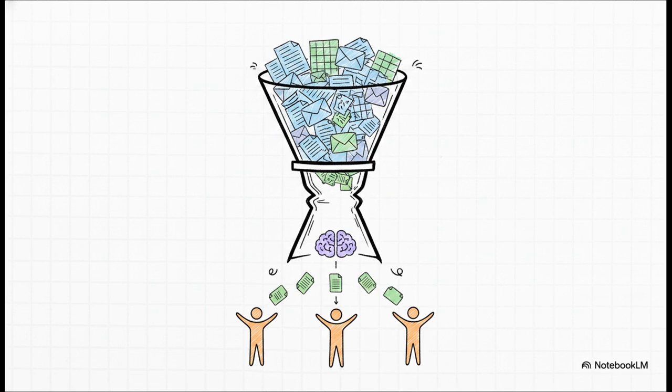Second, inconsistent client updates that rely entirely on how much free time a staff member happens to have that afternoon. Third, weak follow-through on assigned tasks that just get buried in emails. And fourth, document-heavy manual capture from endless forms and PDFs. AI's true value isn't just generating text quickly, it's ensuring the exact right information reaches the correct person precisely when they need it with zero manual chasing.